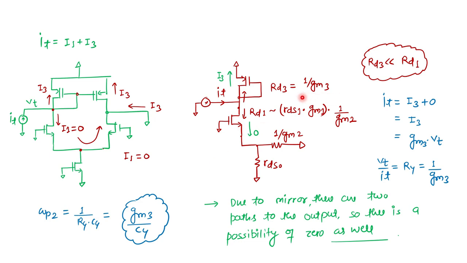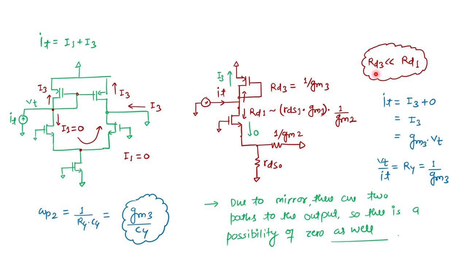So when we look up at RD3, the impedance is 1 upon GM3, and when we look down, the impedance is 1 upon GM2 times the intrinsic gain of transistor M1, which is of the order of a few tens or hundreds, maybe of the order of 100. So the impedance looking down is very large compared to the impedance looking up.